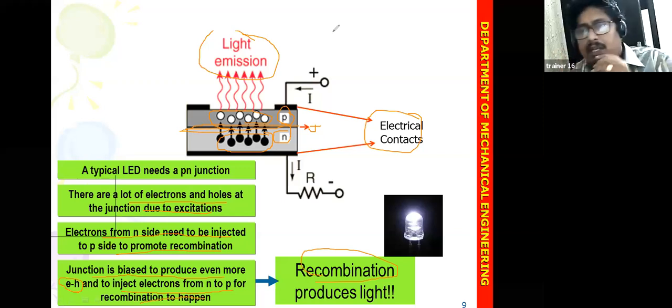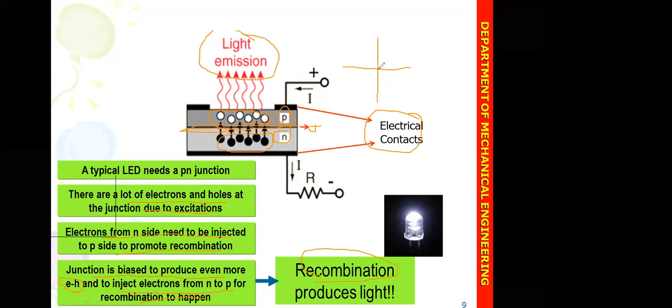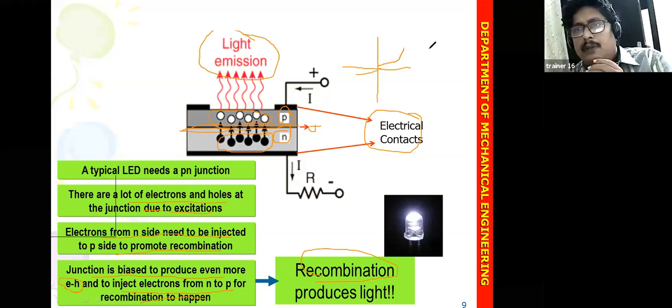Already I clearly explained to you. See here, this is the graph. In the PN junction, the graph is like this. This is the positive side, this is forward bias, and this is reverse bias.